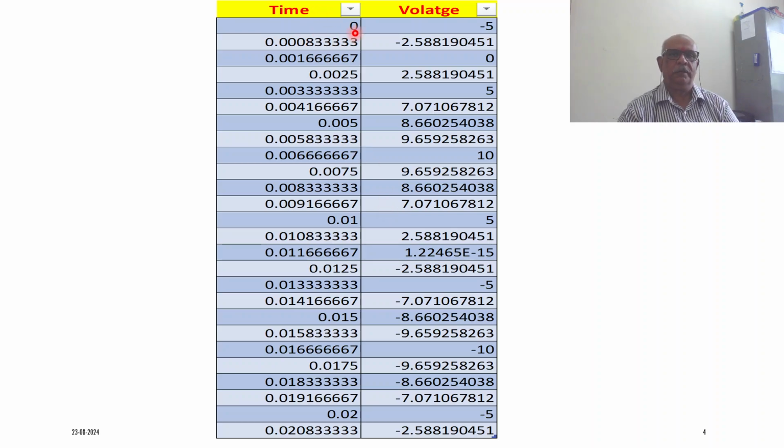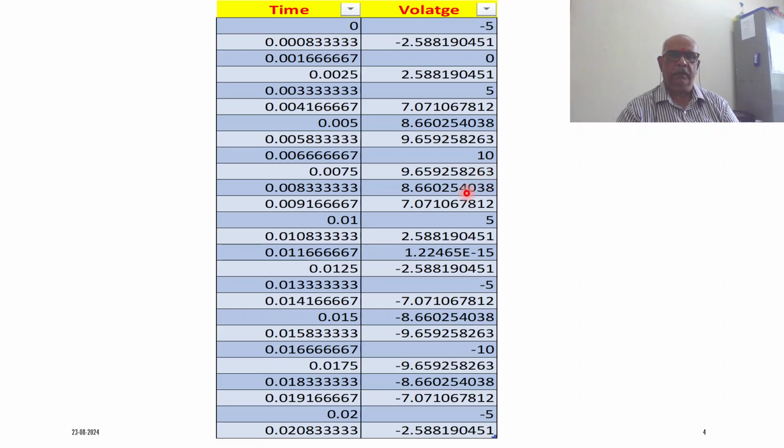Initially it was 0. At this time it becomes minus 2.5. At this time it becomes 0. Then it goes positive, some positive value 2.5, then 5, then increasing: 0 to 2.5 to 5 to 7 to 8, 9, and then goes to 10. So you can see from 0 to 10, in a certain time it has risen.